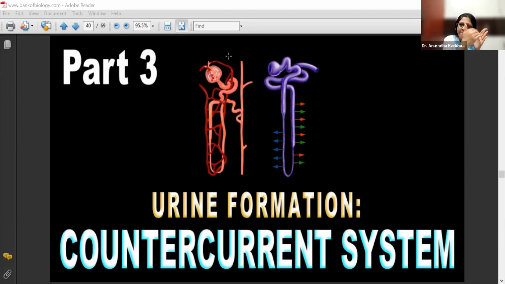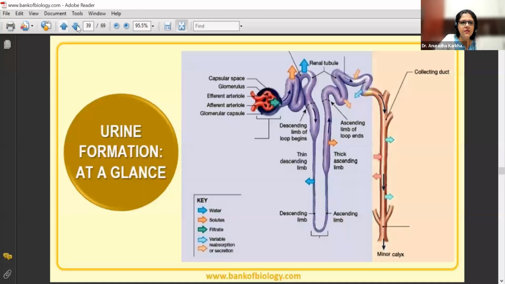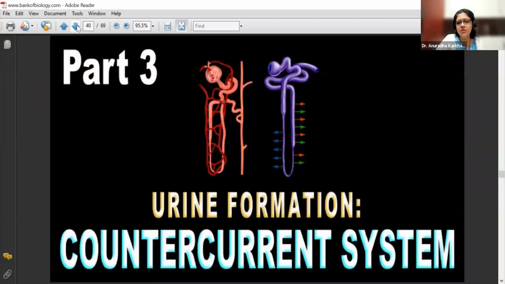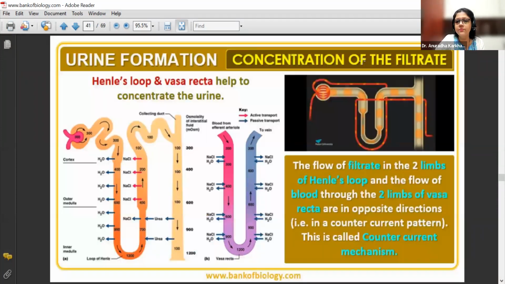They were getting reabsorbed inside the blood. How did the blood come? From the vasa recta. Okay, so this method only we have to understand, nothing else. It's very easy, it's very simple, but still. So this was the last thing that we have seen, and now we move ahead with concentration of the filtrate.